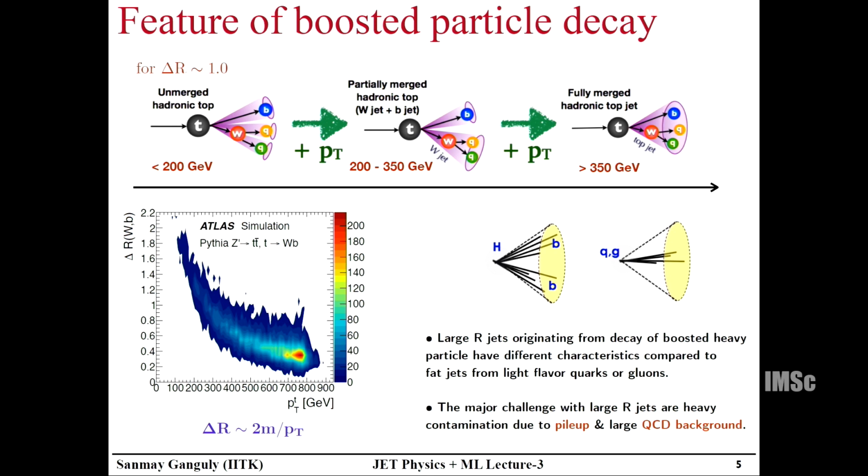There is a prompt gluon coming from QCD radiation which decays to a b b-bar, and if you compute the mass of this gluon to b b-bar splitting, you will find there is a finite mass. So just by putting a mass threshold, you may not reject all the QCD background originating when you are studying Higgs. So now how do you develop your algorithm to throw away the QCD background?